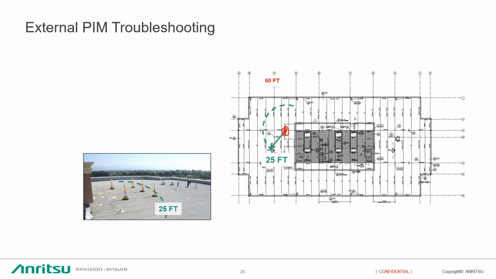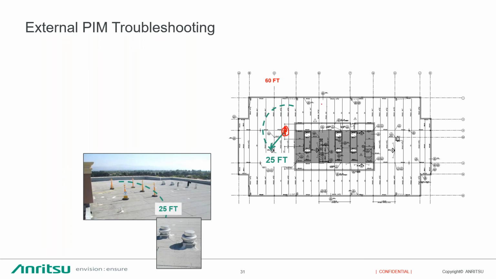If, for example, I've done a distance to PIM calibration and I can see that I've got 25 feet on my distance to PIM, I can look at that radius right in front of the antenna and see if there's some item right around that area that I can mitigate with some PIM blankets, for example, and do a retest to see if that was the source of my PIM.